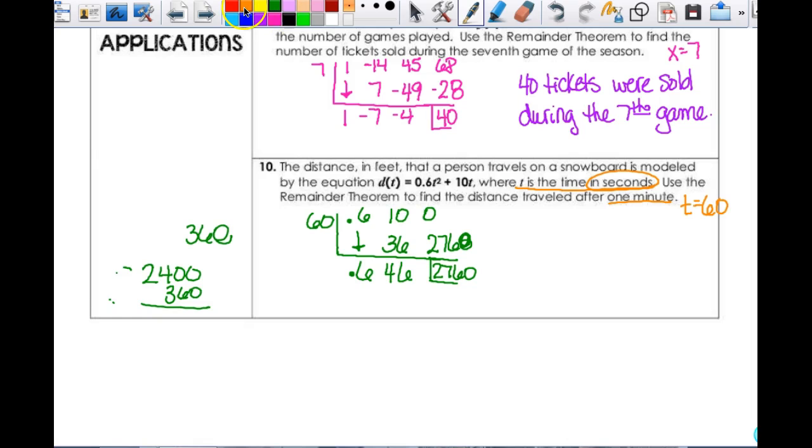Okay, so then I've got to answer the question. It says, find the distance traveled after 1 minute.